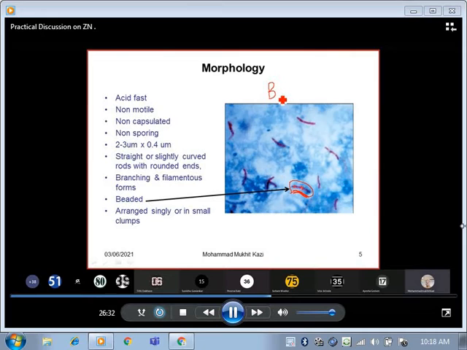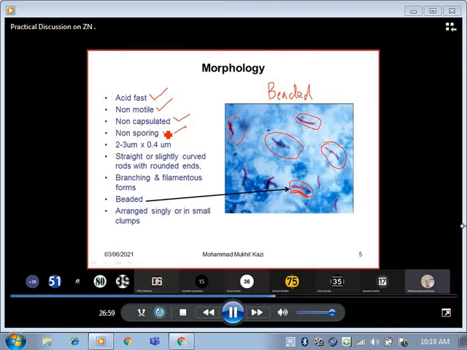Why? Because there are certain granules inside the Mycobacterium tuberculosis protoplasm, and that's why they do not get smoothly stained. See, none of them are smoothly stained. There are certain gaps, and all these are acid-fast bacilli. And you know why we call it acid-fast? Because they resist high concentrations of acid. They are non-motile, non-capsulated, non-sporing.